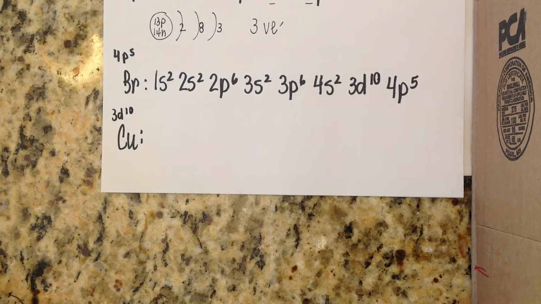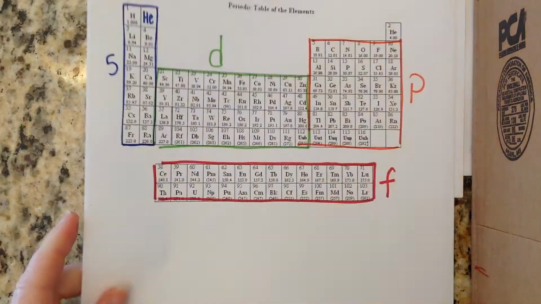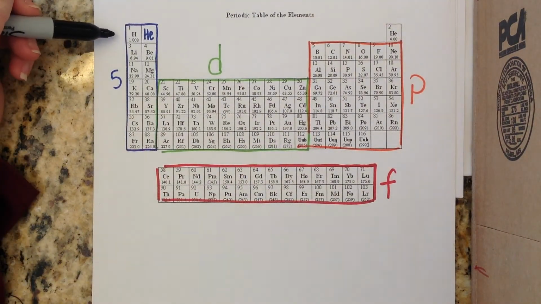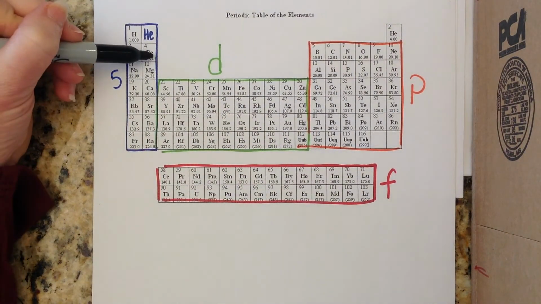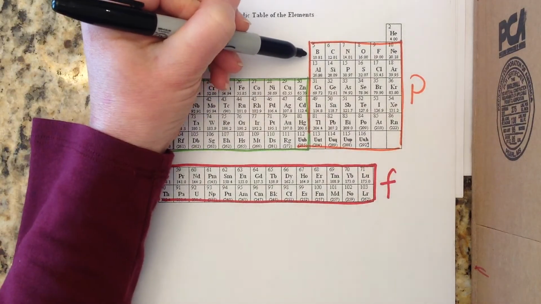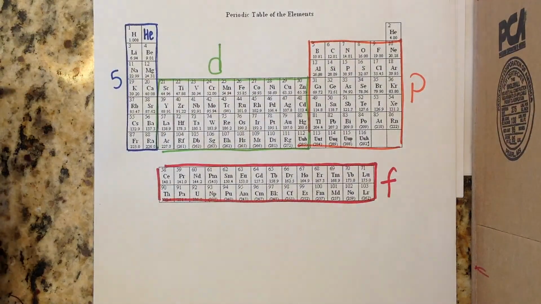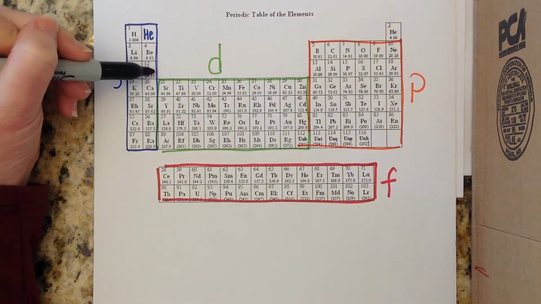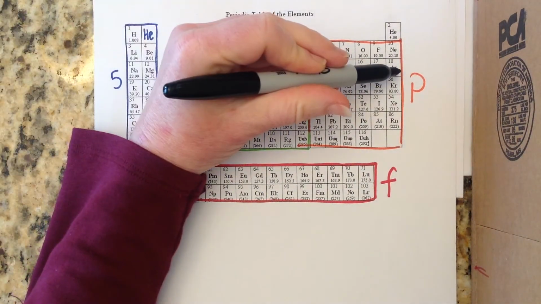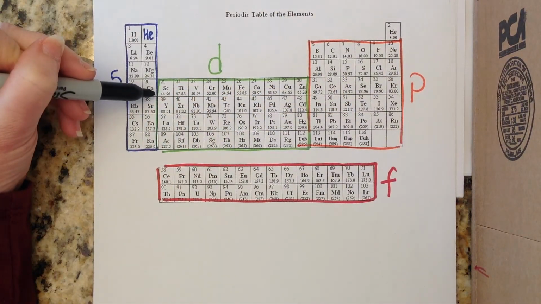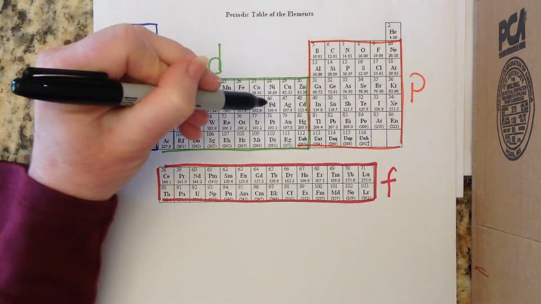We would just call this the parent element. So to get to copper, we're going to go through 1s2, 2s2, 2p6. Are we there yet? No, that would put us at Neon's house. Keep going. 3s2, 3p6. Not there yet. 4s2. Now, here's Copper Street, okay?